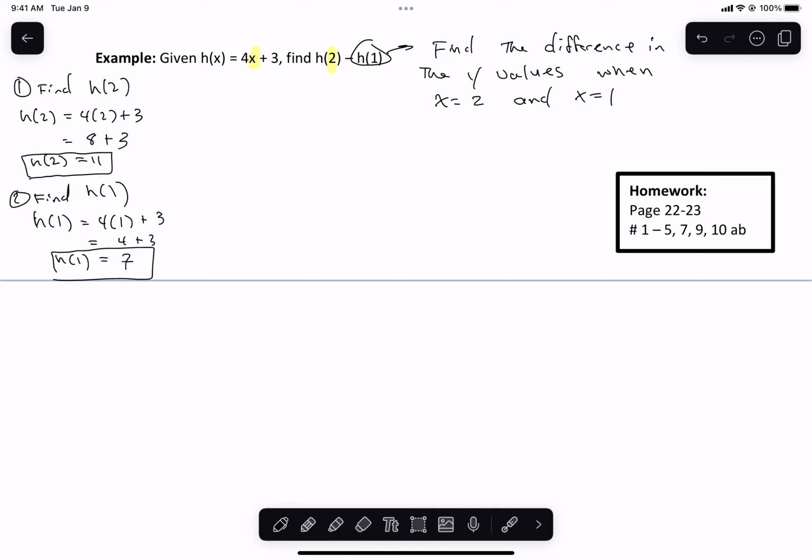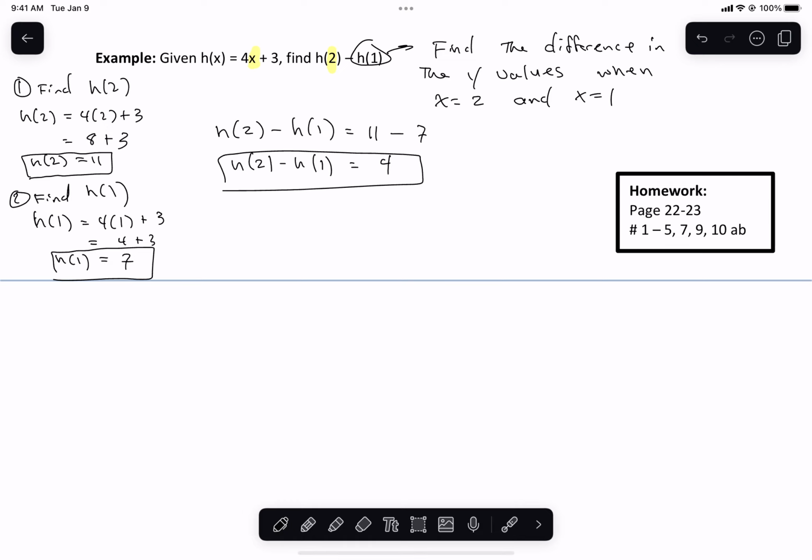Okay. So, h of 2 minus h of 1 is going to equal 11 minus 7. Do we have any questions?